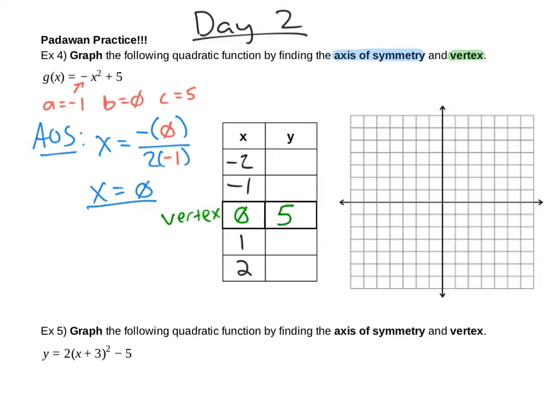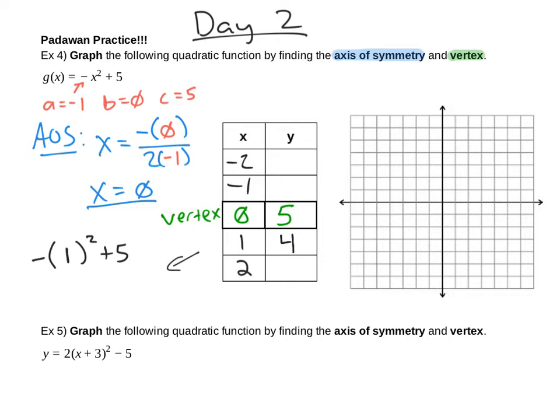Okay? All right, now let's see what 1 makes. So remember, use parentheses. Negative on the outside, x squared plus 5. The first thing I want to do is the x value of 1. Put it right there. What's 1 squared? 1. And what's negative? That makes it negative 1. So it's negative 1 plus 5. 4.